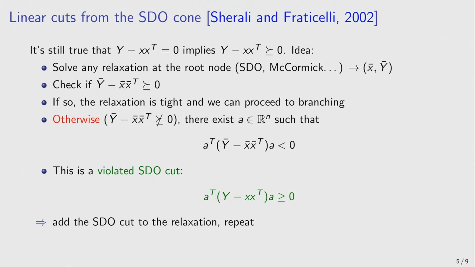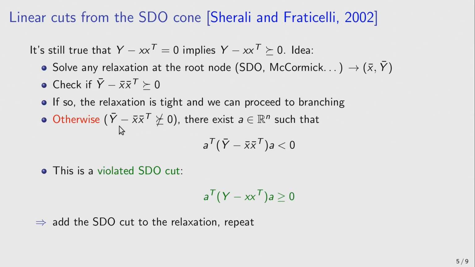So the idea here is to forget about the whole cone of positive semi-definite matrices and instead check, on the solution I get from the current linear relaxation, whether the semi-definite constraint is satisfied. If it's satisfied, then you need to do this branching. Otherwise, given that this matrix is not positive semidefinite, there must exist a vector A such that this thing is strictly negative.